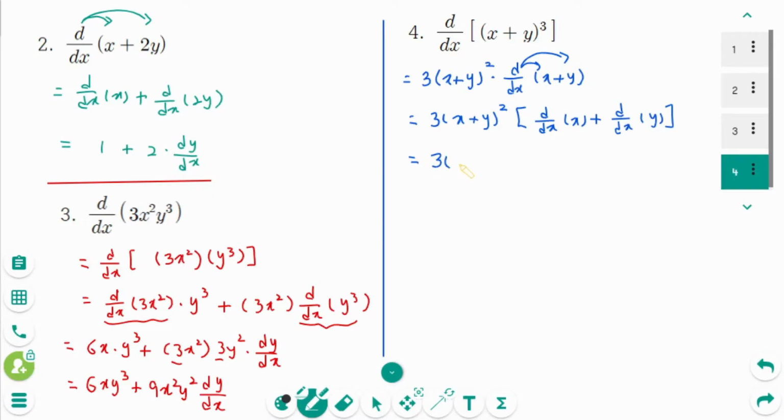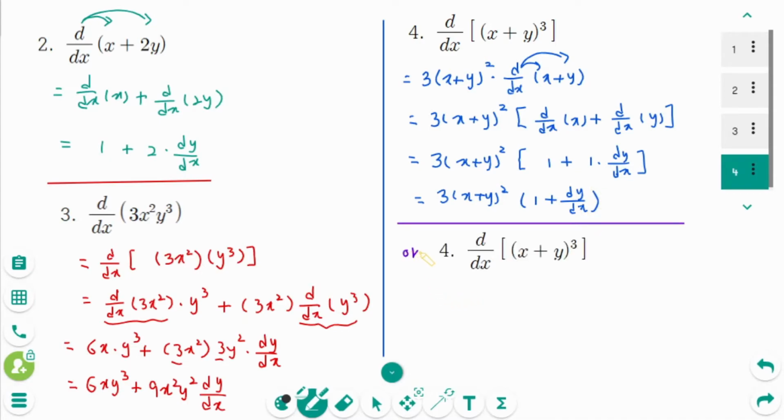Then 3 times (x plus y) squared times x prime is 1, plus y prime is 1 times dy/dx. The final answer is 3 times (x plus y) squared times (1 plus dy/dx).